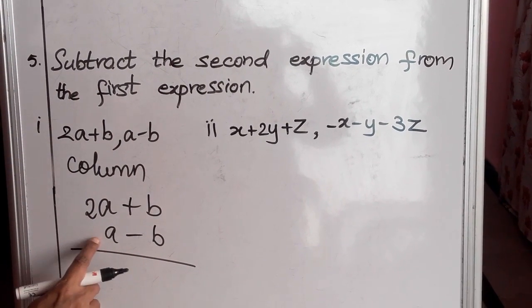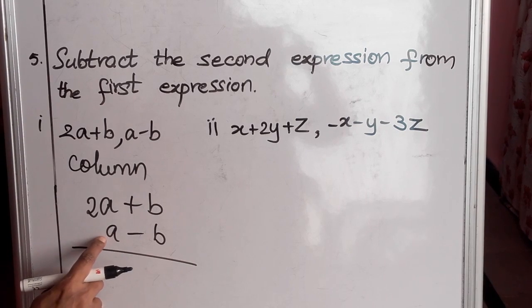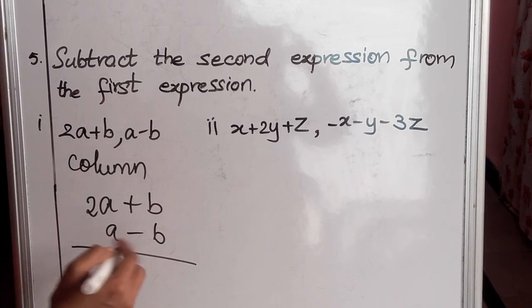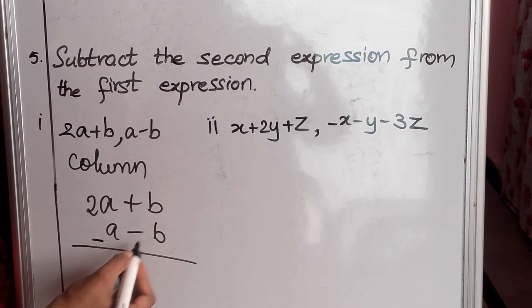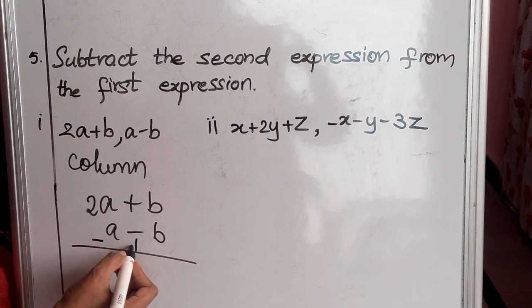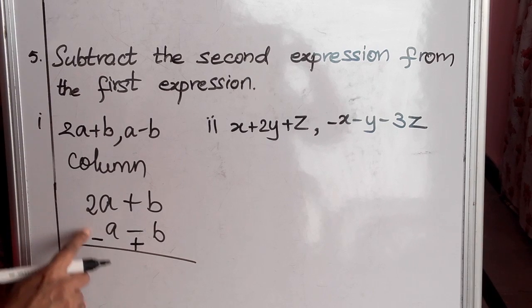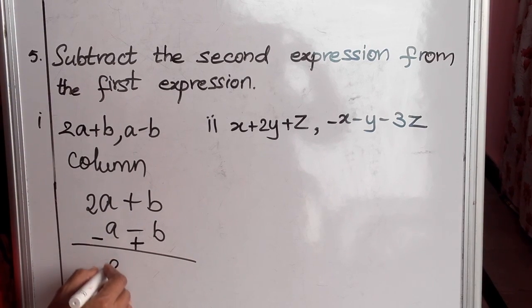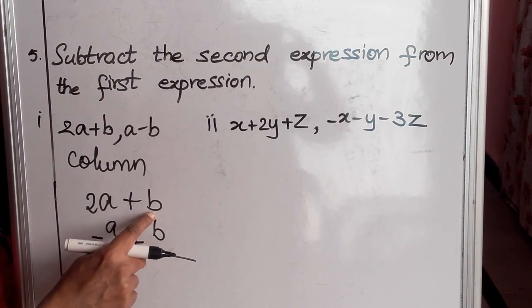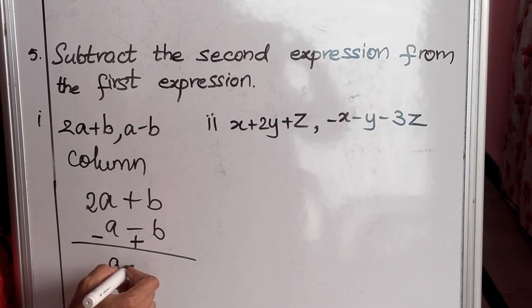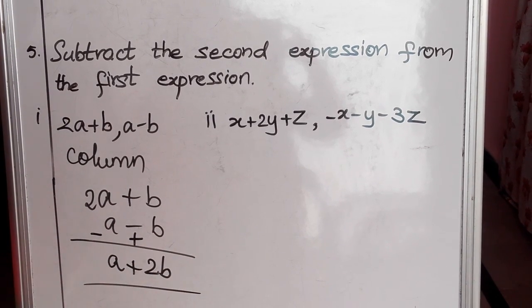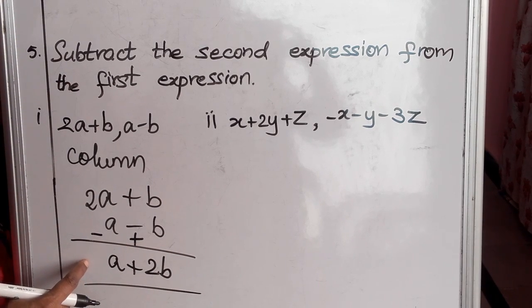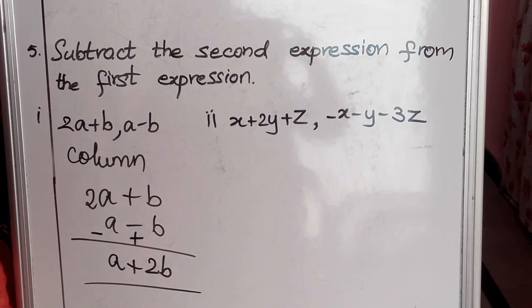So whatever is the sign of the second expression, it is going to be changed. So plus a becomes minus a, minus b becomes plus b. So 2a minus a is a and b plus b is 2b. Okay. So here you got the answer as a plus 2b.